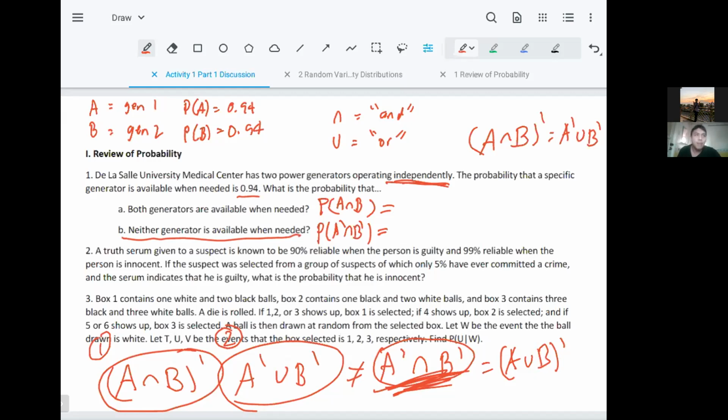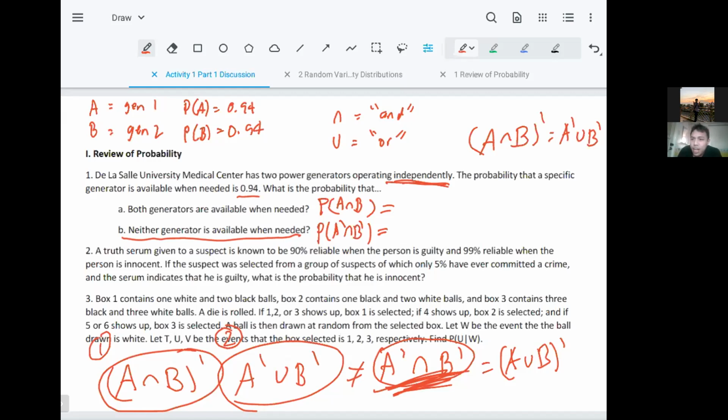Di ba? Pag sinabing neither nor, parehas hindi. Imagine, I am neither, ano ba maganda? I'm neither strong nor fast. Hindi ako malakas, hindi ako mabilis, di ba? Parehas.